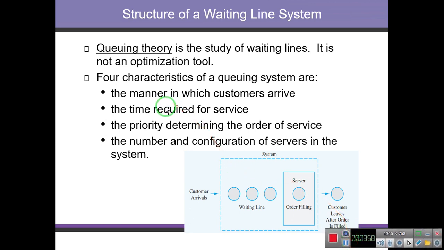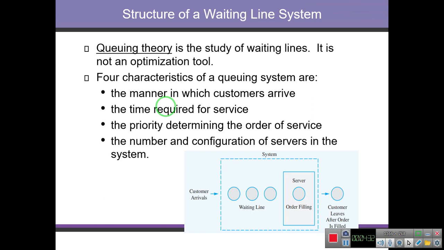Okay. So what is queuing theory? Queuing theory is the study of waiting lines. What it is not is an optimization process, it is not an optimization tool. We are not going to optimize these waiting lines, which is very different than what we have been doing up until now in this course, right? We have been doing a lot of optimization, finding the optimal solution, right?